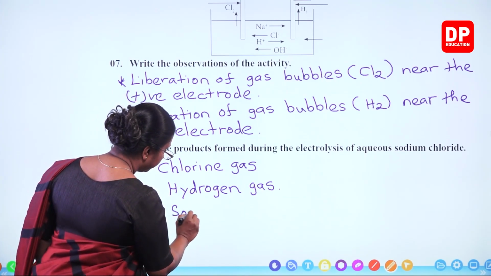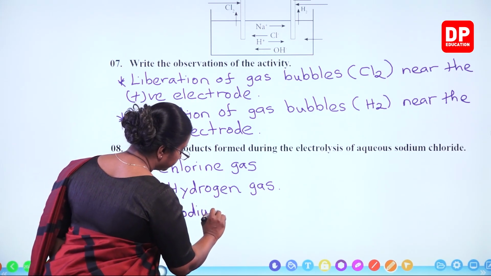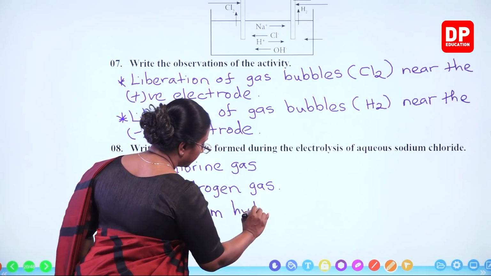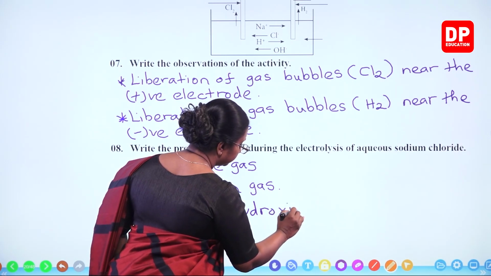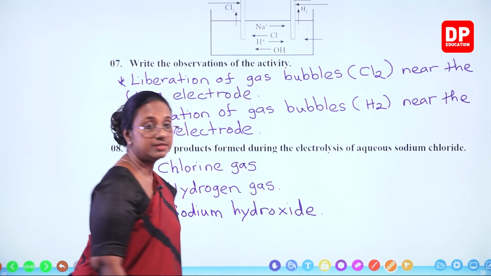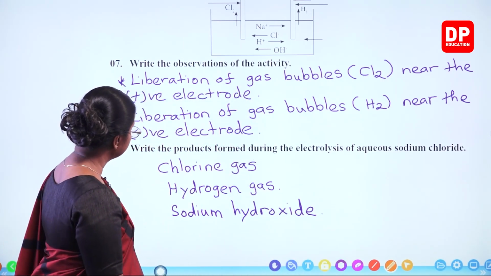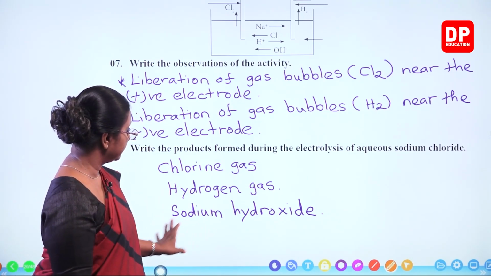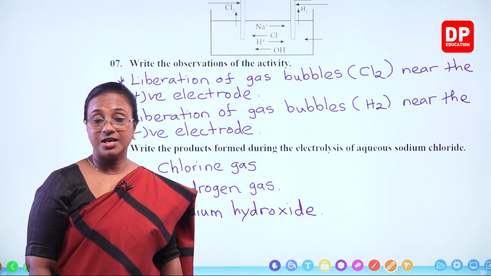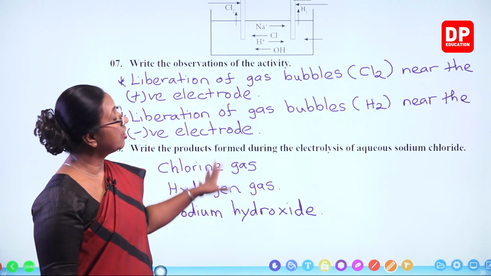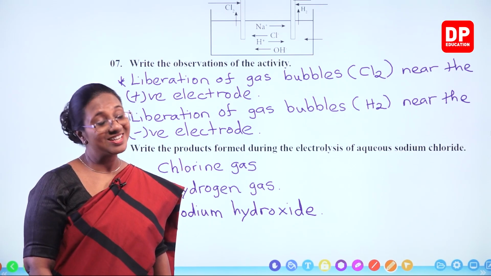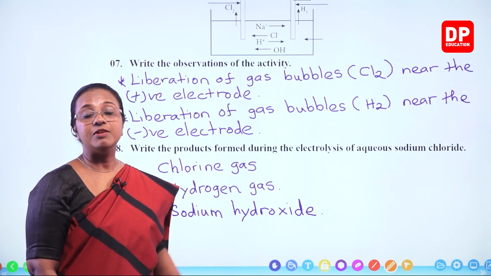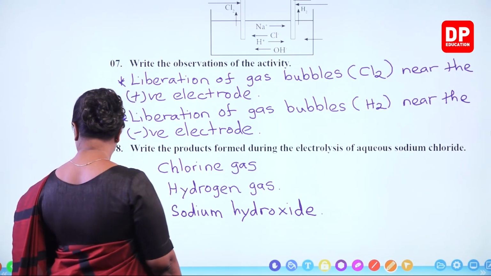So sodium hydroxide, that is there in the electrolytic cell. Is that okay, students? So chlorine gas, hydrogen gas and sodium hydroxide. So I'm sure you all would have answered all these questions correctly. So with that, I will move on to the next question.